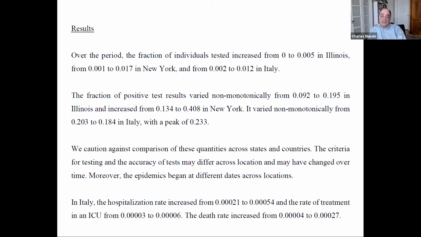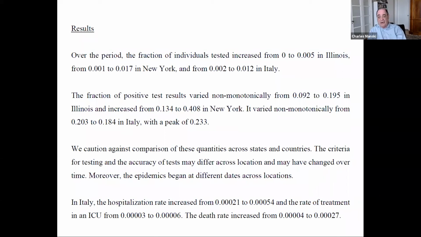Now, the fractions of positive test results are quite different from place to place, because the testing protocols, what it takes to be tested, differs from place to place, and also the severity, the rates of illness.